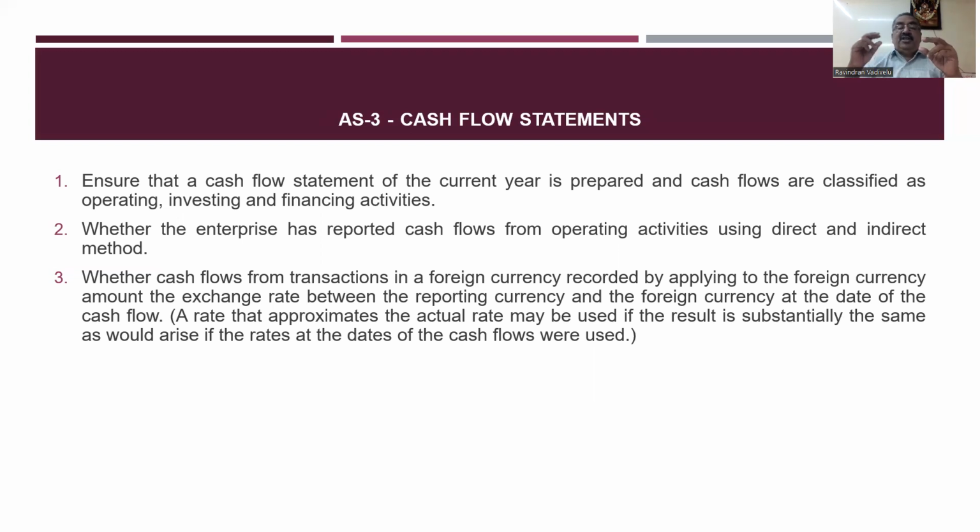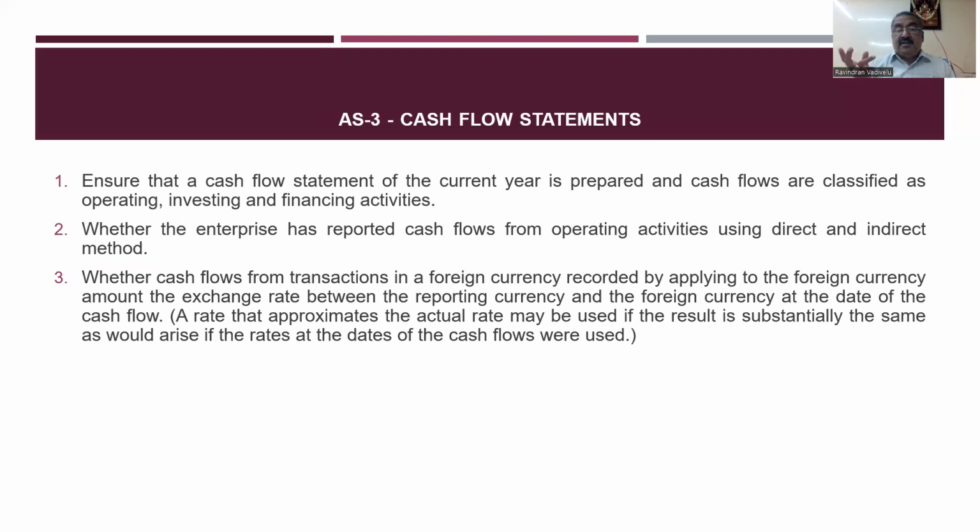Suppose the $1 is 83 rupees, and due to change in policy, the rate may fluctuate. So it is there in the direct quote method. So what is the rate that is there on the date of preparing the cash flow, that has to be clearly spelled out in the cash flow statement.